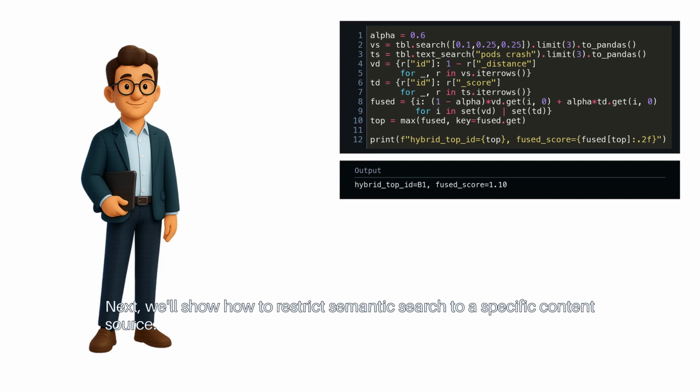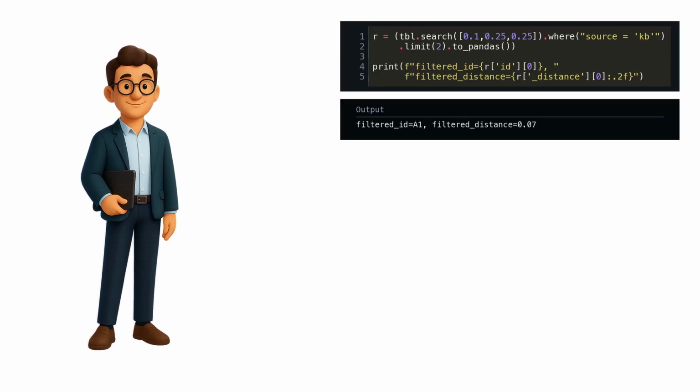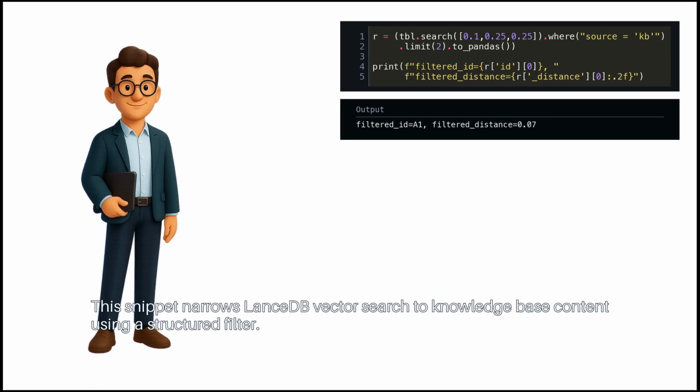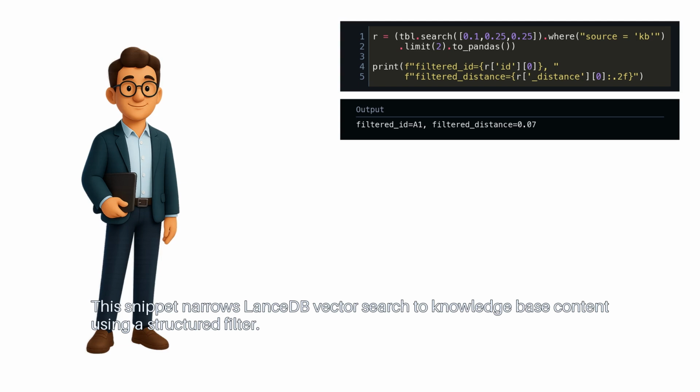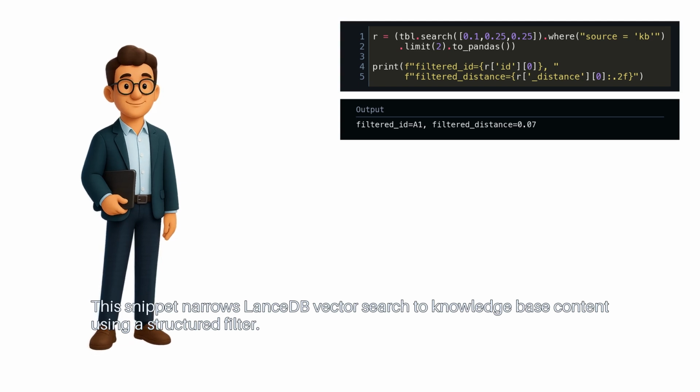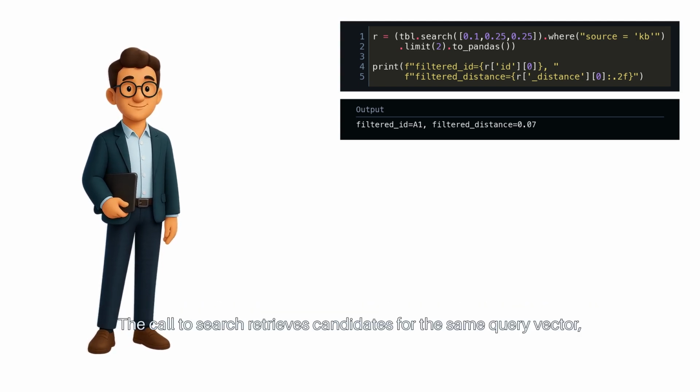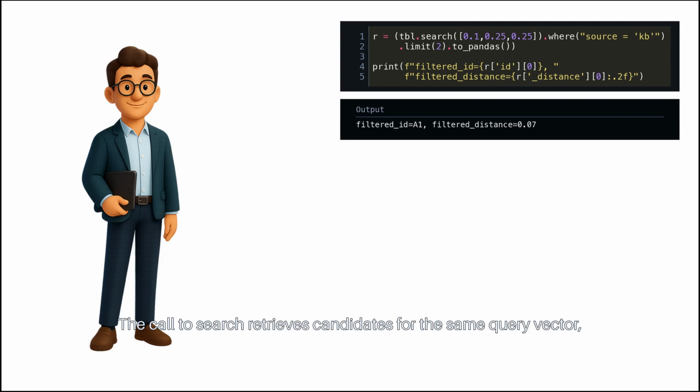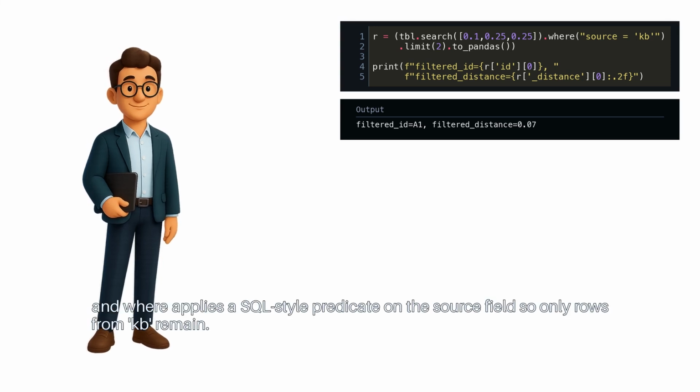Next, we'll show how to restrict semantic search to a specific content source. This snippet narrows LanceDB vector search to knowledge-base content using a structured filter. The call to search retrieves candidates for the same query vector, and where applies a SQL-style predicate on the source field, so only rows from KB remain.